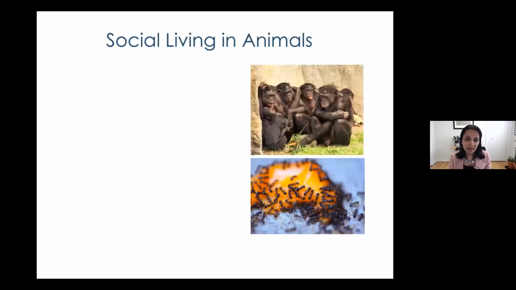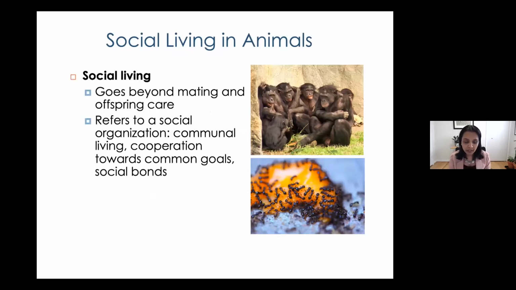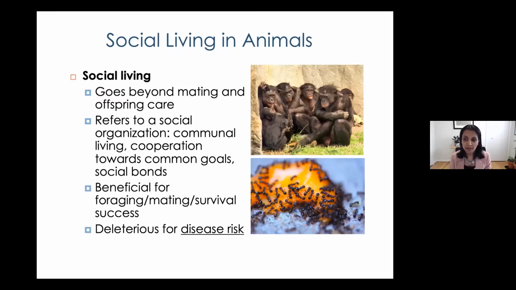But social living is, of course, actually a much broader phenomenon and is found in many animal species that live together, develop social bonds, and cooperate towards common goals. And the benefits of social living result in more efficient foraging, mating, higher chances of surviving. But of course, the big cost of living with others, as we're all learning this year, is infectious disease risk.